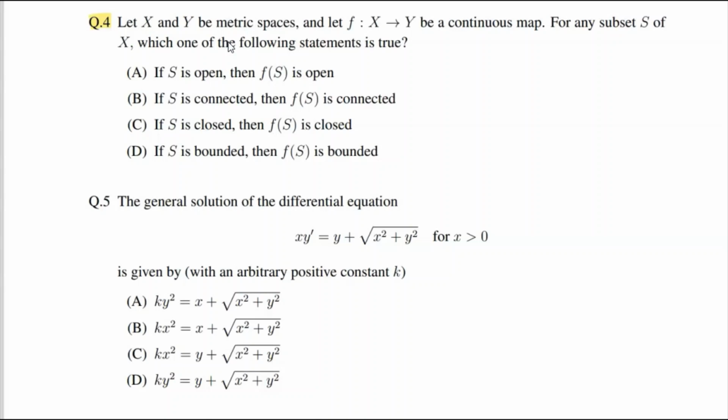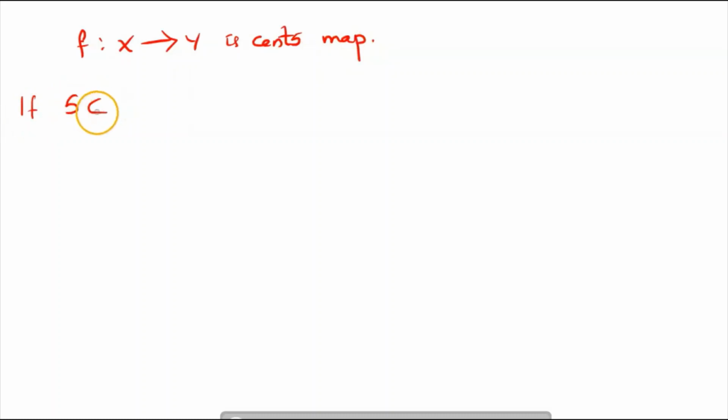We have given X and Y are metric spaces and f from X to Y is a continuous map. If the subset S of X is connected, we have the result: a continuous map maps connected set to connected set.